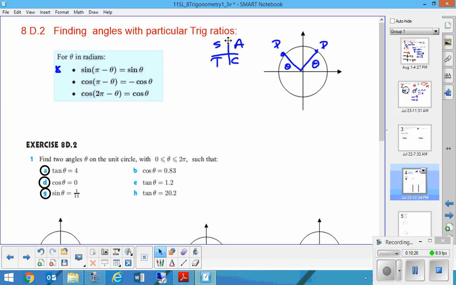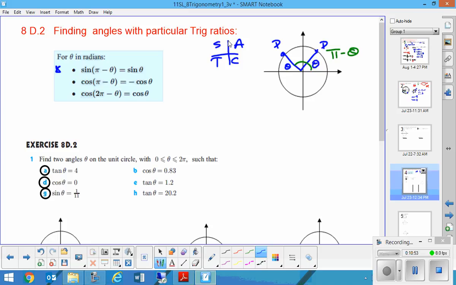So pi minus that is our pi minus theta. Then we can say that the sine of pi minus theta is the same as sine of theta. We can also see that because it's the y coordinate. The y is positive in both cases.